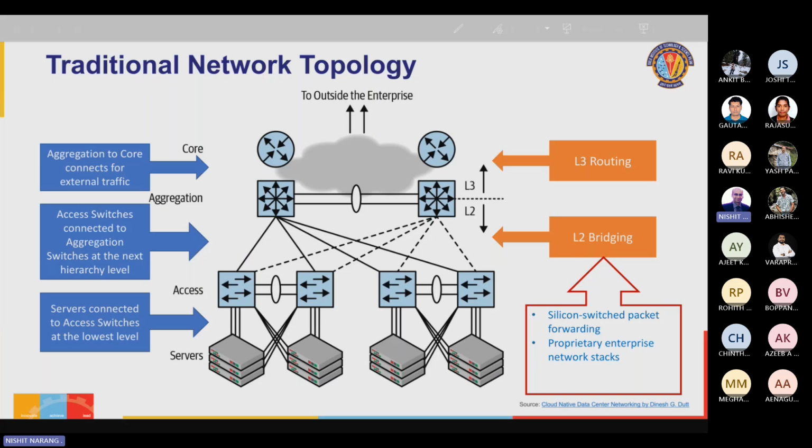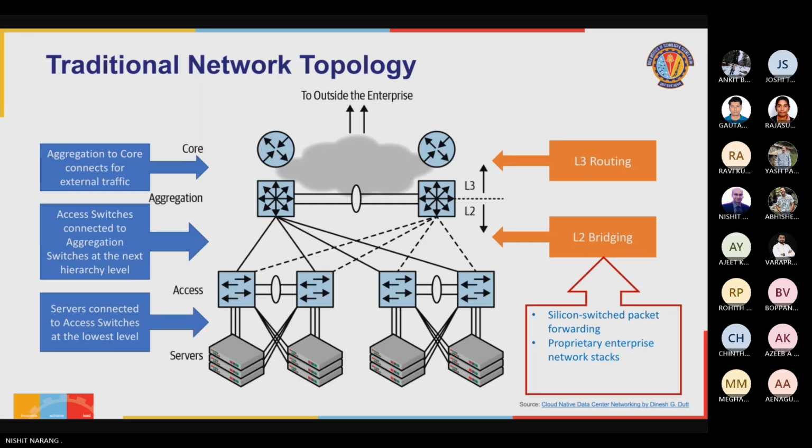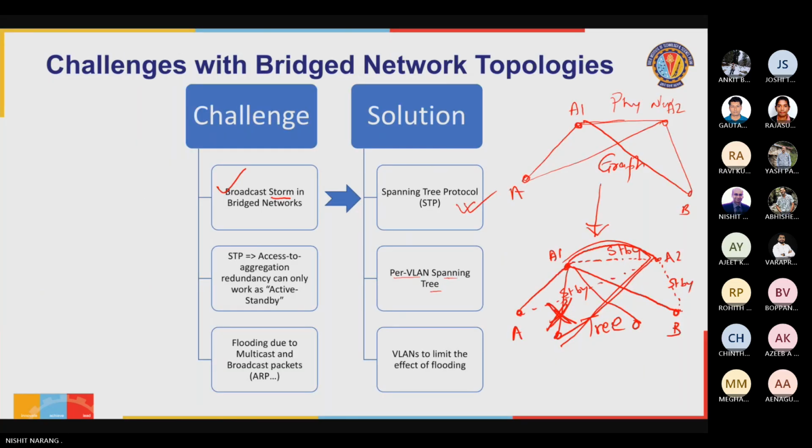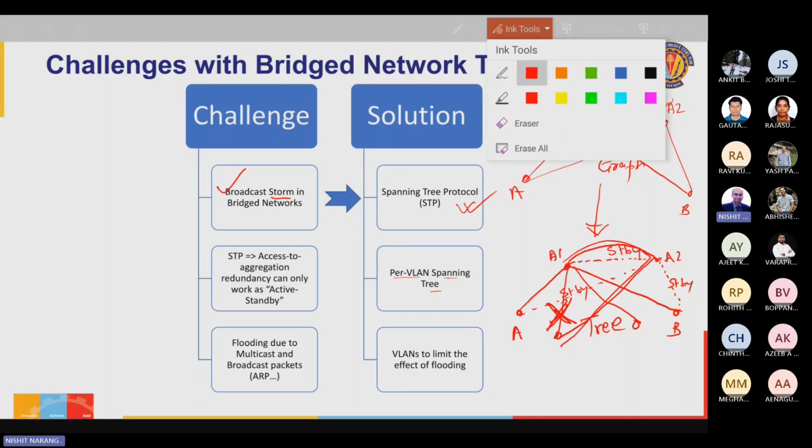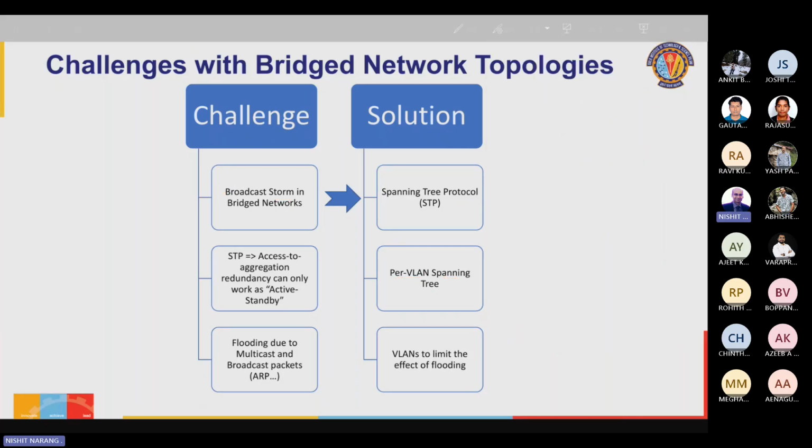So what happens as a result of the spanning tree protocol is that the redundant links are not at all being used, which also means that the network bandwidth provisioned on those links is being underutilized or not utilized at all. So essentially, we are saying that yes, broadcast storm is a challenge in layer 2 bridge network topologies.